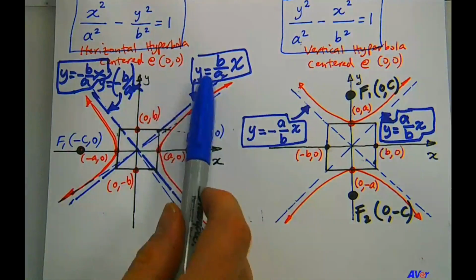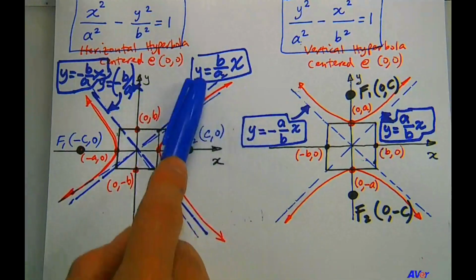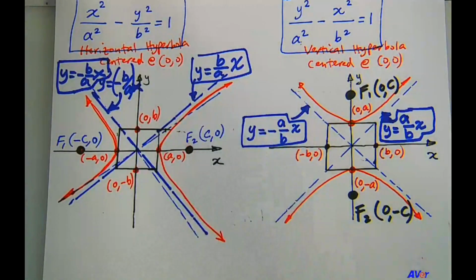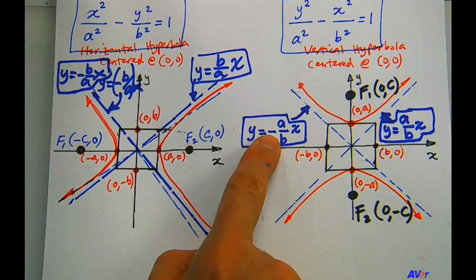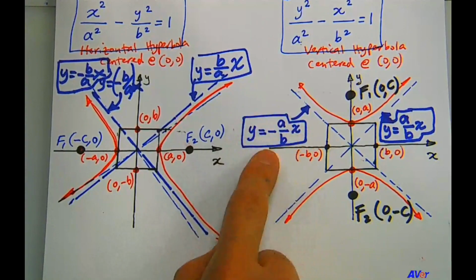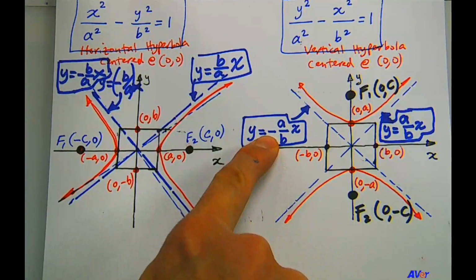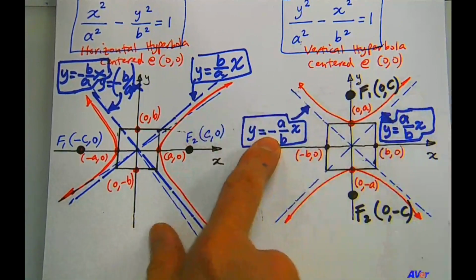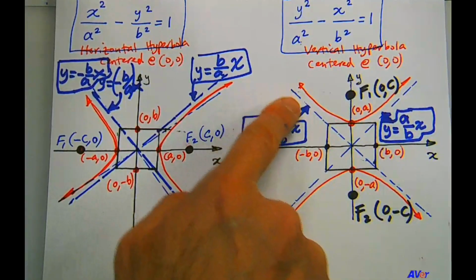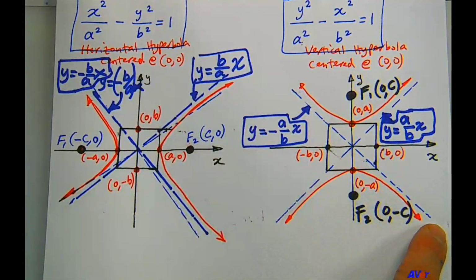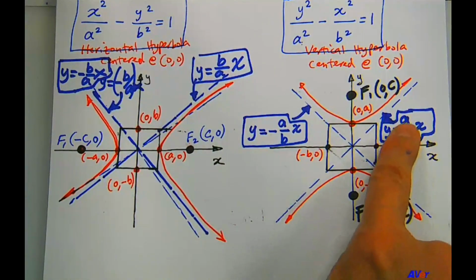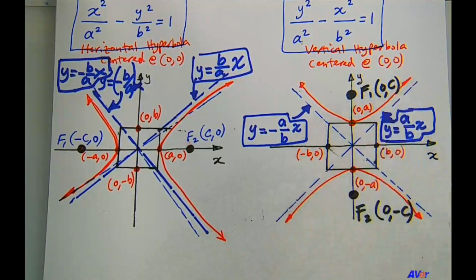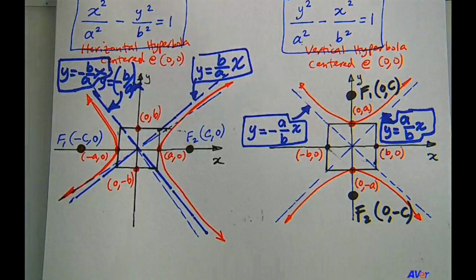Notice the change in the formula for these asymptotes. First of all, this has to be the slope of x. This is just a linear equation, right? With the slope being negative. You already know this has to be negative, because this is a downward sloping line. And this one has to be the positive one, a over b times x, because this is the upward sloping line.